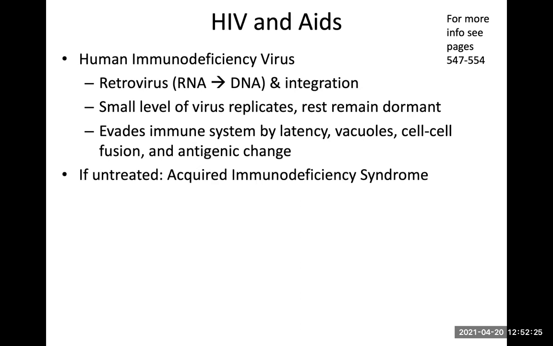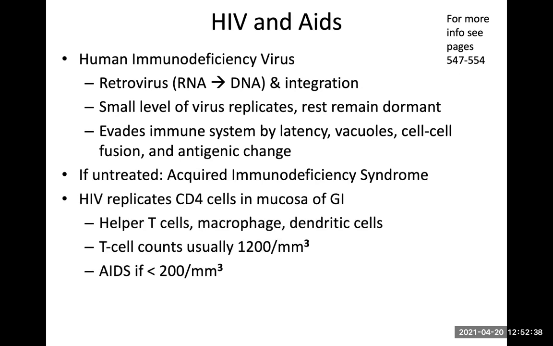If left untreated, it takes about 10 years, but you will eventually develop AIDS, which is acquired immunodeficiency syndrome. And so those CD4 cells, helper T cells, right? You normally have 1,200 of these per mil.